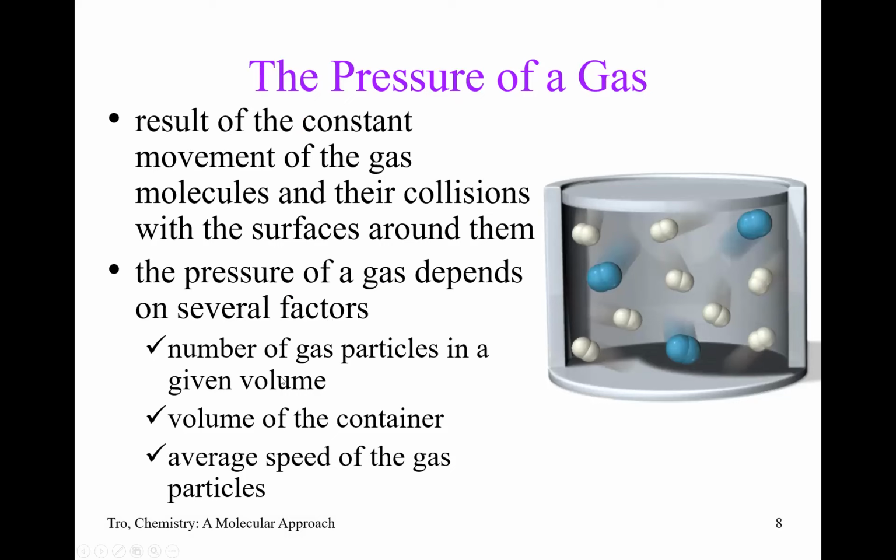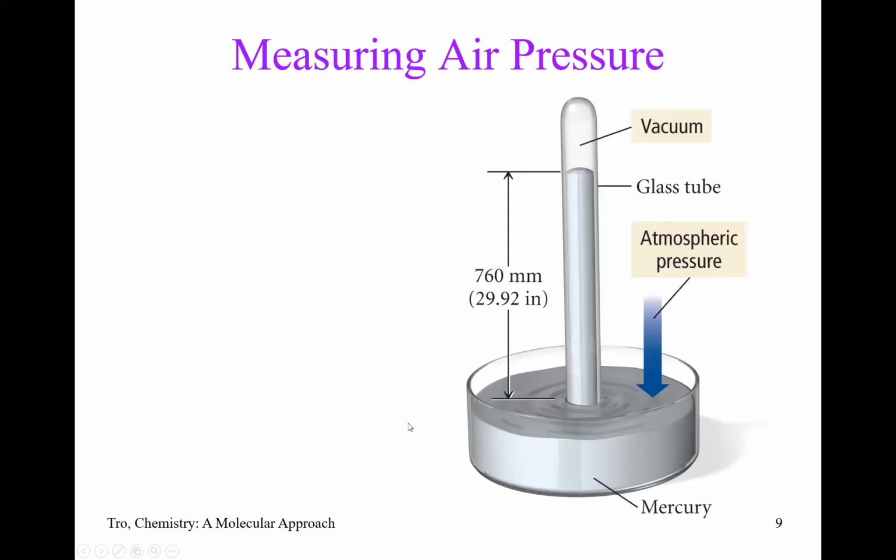The number of gas molecules, so that's basically the number of moles. V, the volume of the container, and then the average speed of the gas, which is a function of temperature. So this is really saying temperature. So this is basically our ideal gas law, P, V, and T, and then what's not mentioned here is the gas constant, but we'll see this coming up.